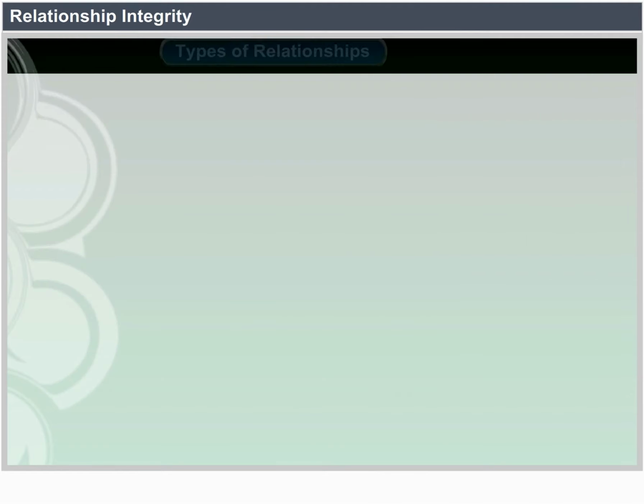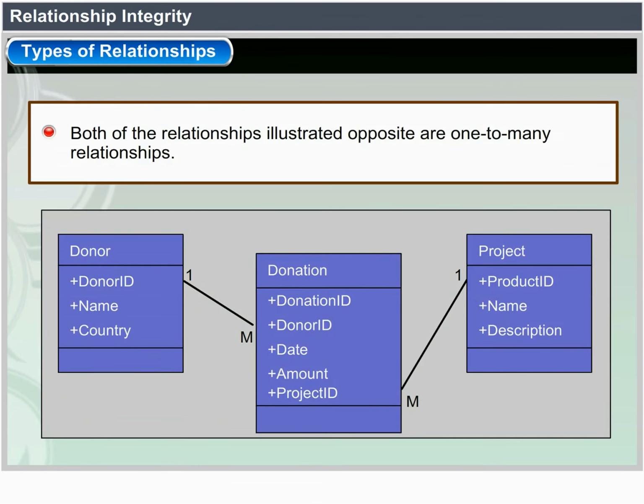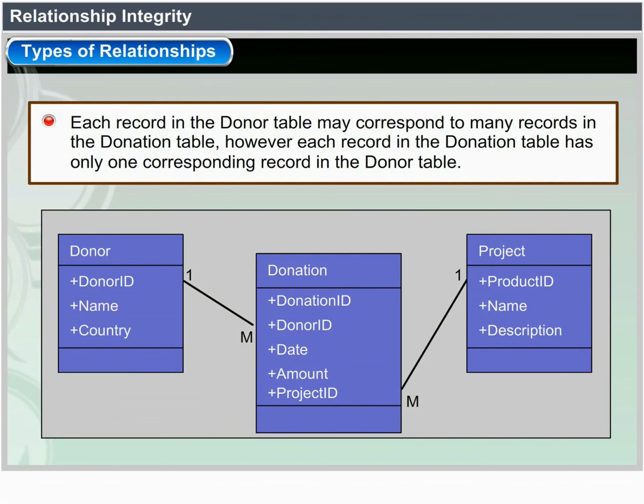Types of relationships. Both of the relationships illustrated are one-to-many relationships. Each record in the donor table may correspond to many records in the donation table. However, each record in the donation table has only one corresponding record in the donor table.